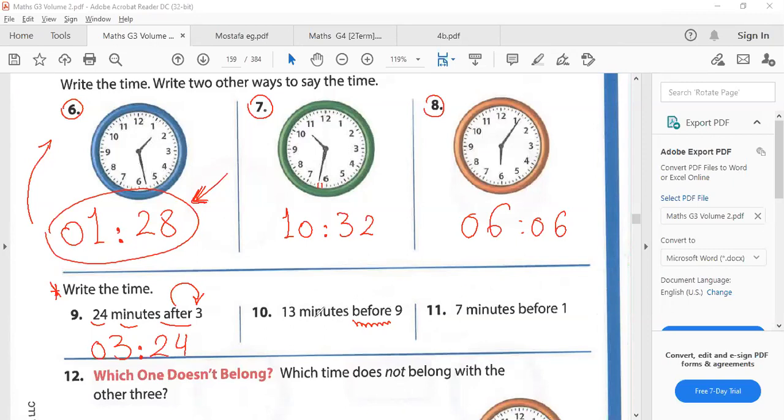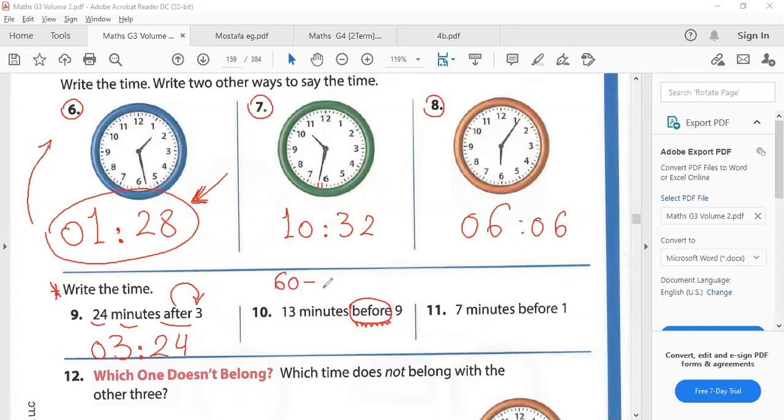Adam, we have this question that says "before". If you have the word "before", I will tell you all how to solve it very easily. Write down 60 minus the number of minutes.